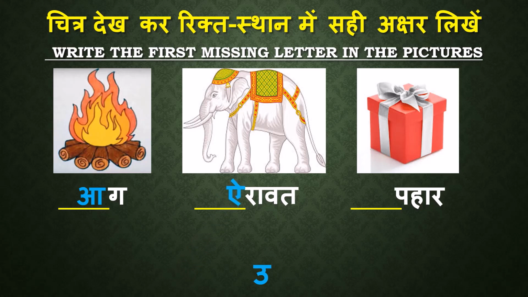So, putting A, it completes the word Airavat. Last picture. It is a gift. A gift in Hindi is known as Uphar. Therefore, the missing letter is U. Uphar.